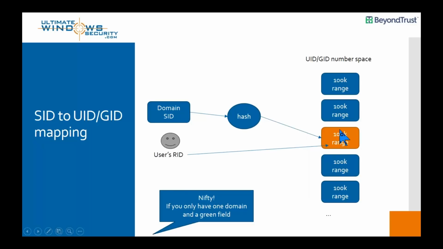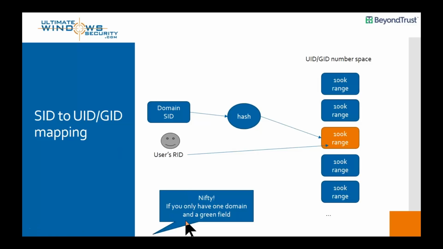And then within that range, it takes the user's relative identifier, which is unique for a given domain. The idea is different domain SIDs should typically hash to a different value and therefore index to a different 100K range within the overall UID number space. And you should be pretty good in a lot of environments, especially a greenfield domain.